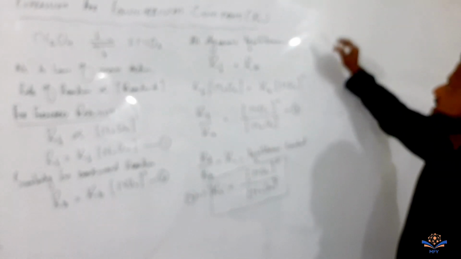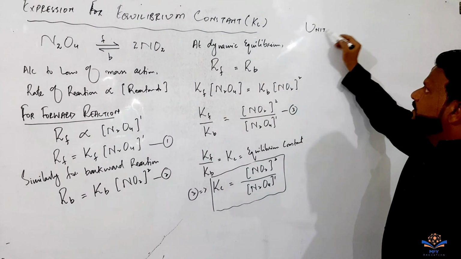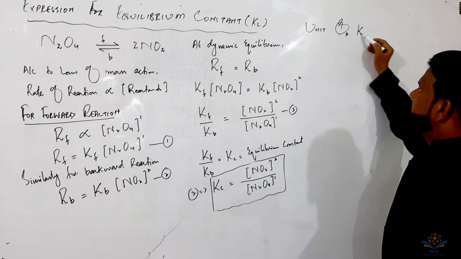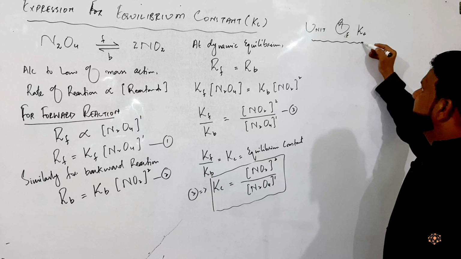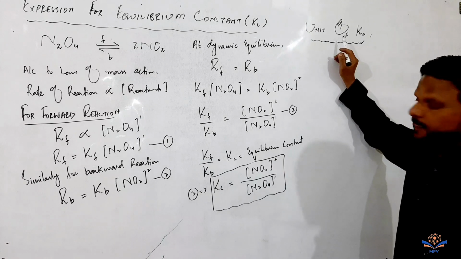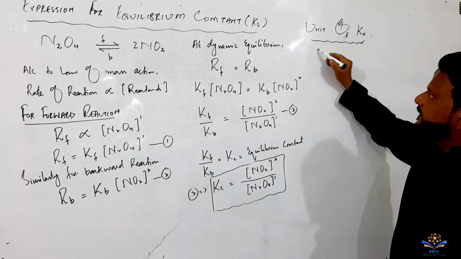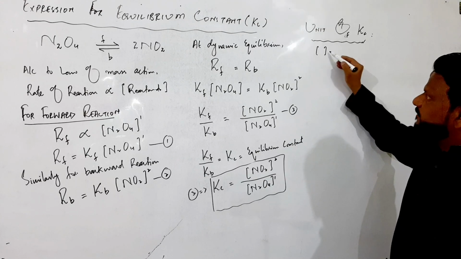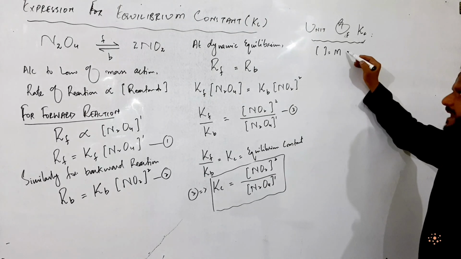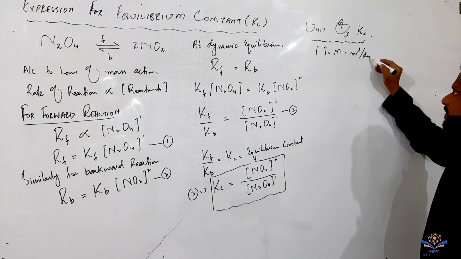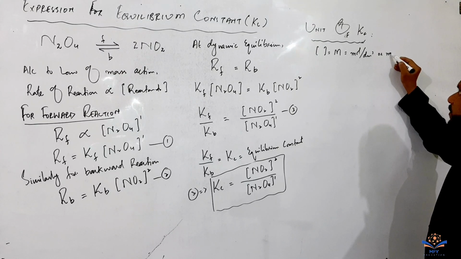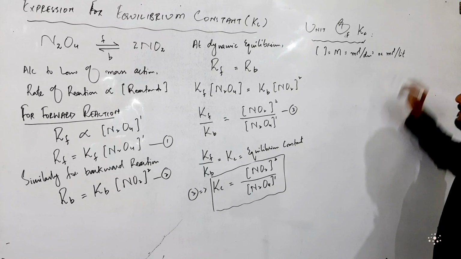Now we are going to discuss unit of Kc, unit of equilibrium constant. How can we interpret? We know that unit of active mass is molar, capital M, which equals moles per dm cube or moles per liter.